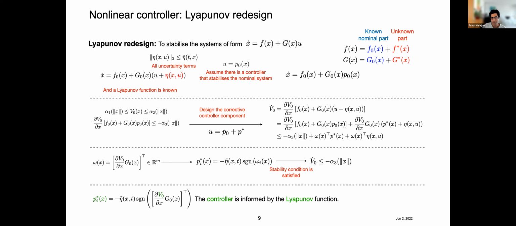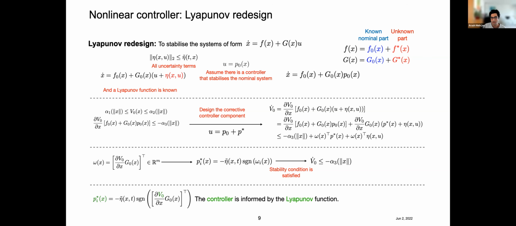So now the idea is how we can construct or extend the controller. The nominal controller P0, how can we extend it with another, additional controller, shown with Ps star, so that we can control the whole system? By whole system, I mean F0 plus Fs star and G0 plus Gs star.